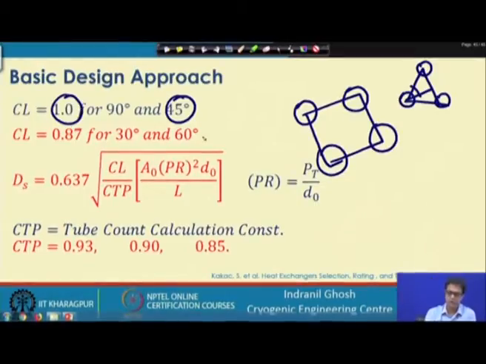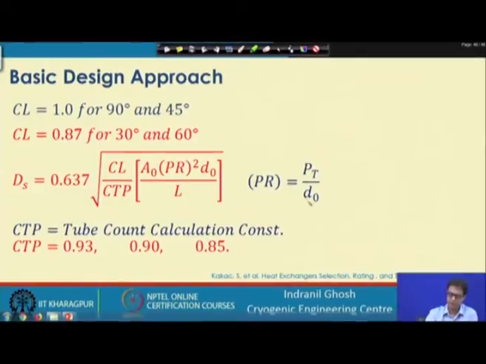Whereas, for 30 and 60 degree angles, if it is 30 degree, it is 0.87, and if it is 60 degree also, CL comes out to be 0.87. And that 0.9, 0.93 and 0.85, all these are the tube count calculation constants that we have used in the earlier relation in the previous slide.